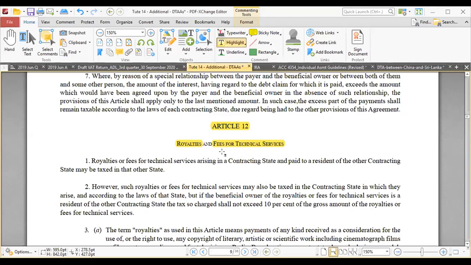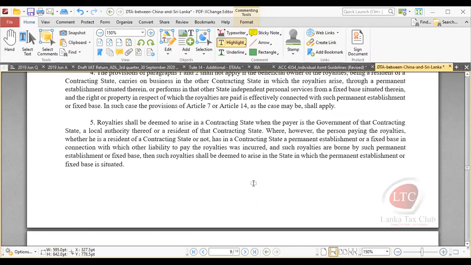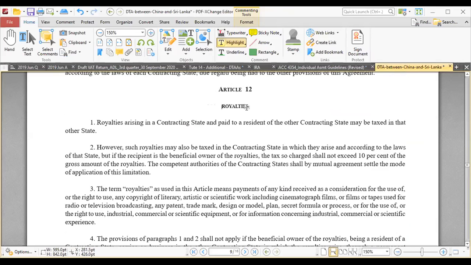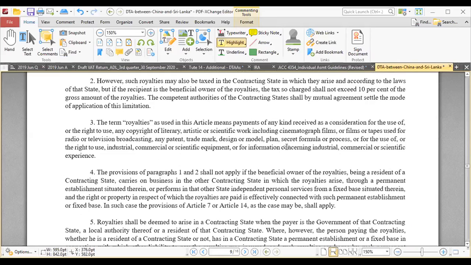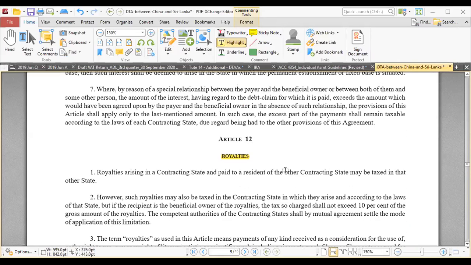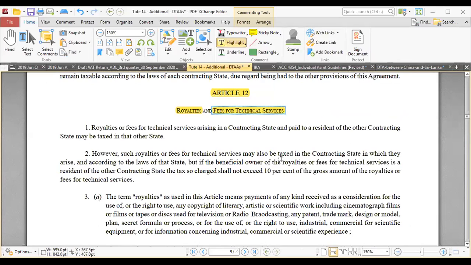You can't find a separate article for fees for technical service; it is embedded in royalty. When it comes to the China DTA, it only says royalty. They don't have a separate article for technical service. Technical service is not covered under the China article. It is only included in India.